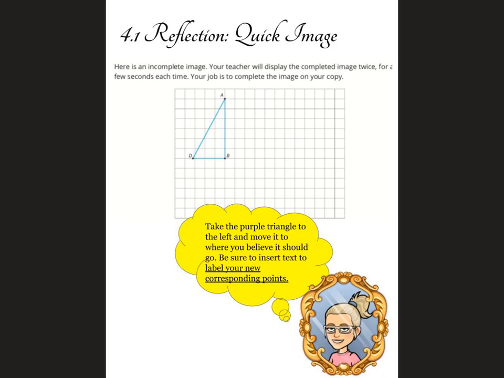I'm displaying that just for a few seconds. 5, 4, 3, 2, 1. Now you need to try to draw that image. I'm going to display it one more time.